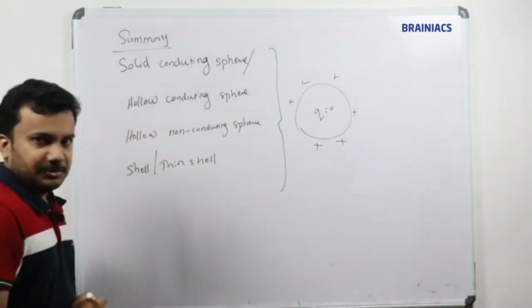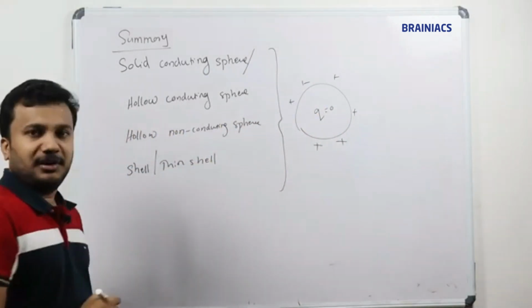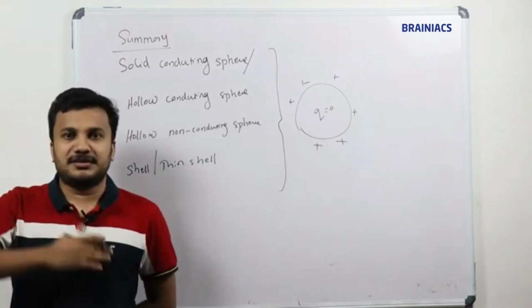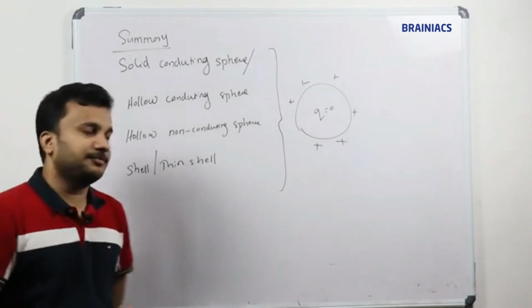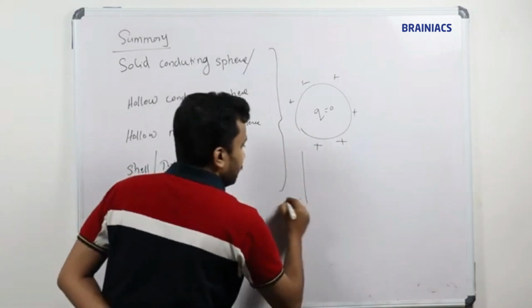While we were deriving these steps, we derived a couple of formulas: the inside electric field, the surface electric field, and the outside electric field. Based on this we have a plot.